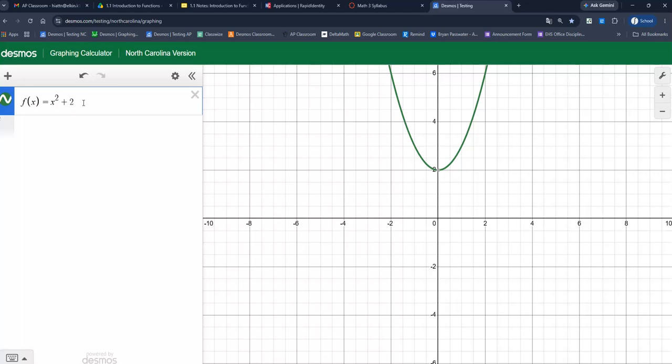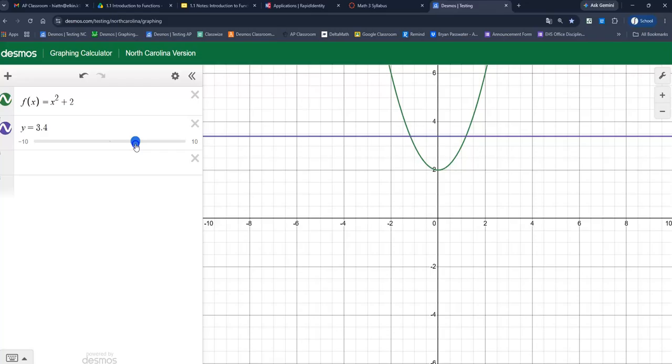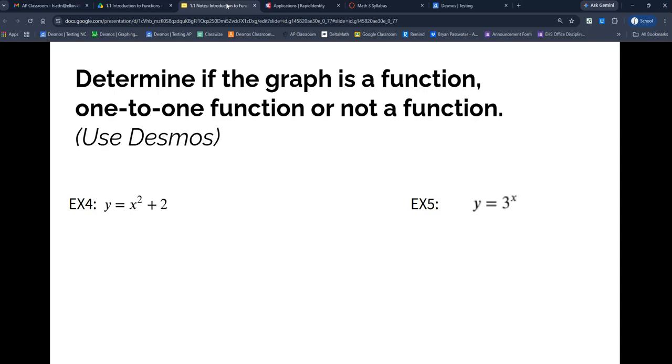Is it a 1-to-1 function? No, it will not pass the horizontal line test. It is going to cross. In fact, I can do this without one. There's our horizontal line. Any horizontal line is going to touch more than once, except for that vertex. So this one is a function, but it is not a 1-to-1.